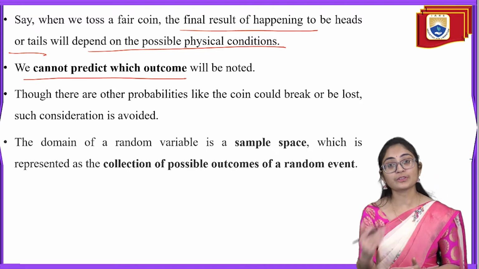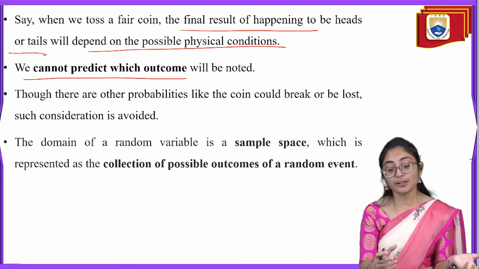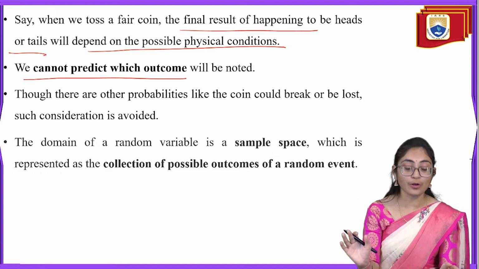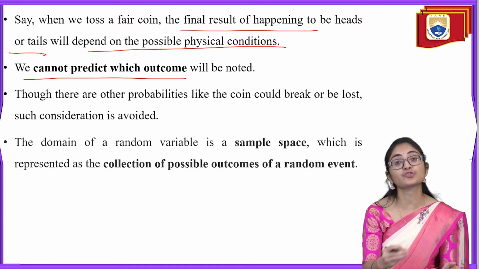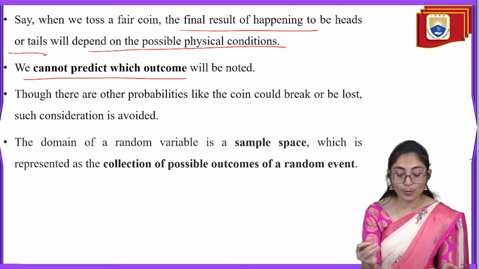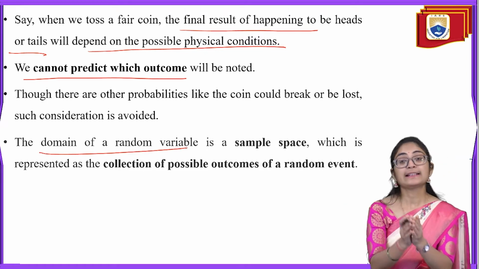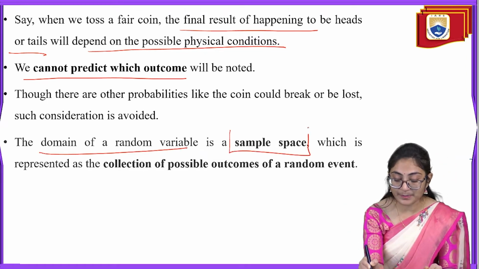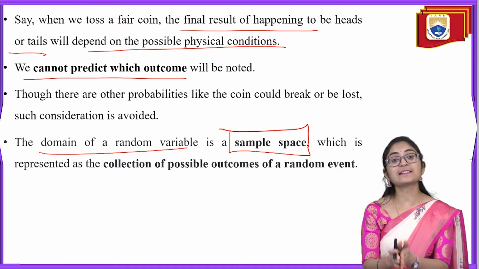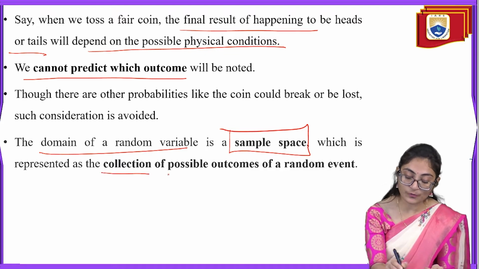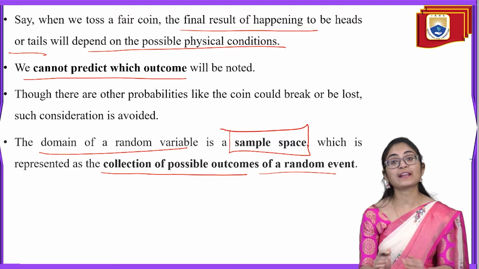Though there are other possibilities, like the coin could break or be lost, such considerations should be avoided. The domain of a random variable is generally your sample space, which represents the collection of possible outcomes of the random variable.